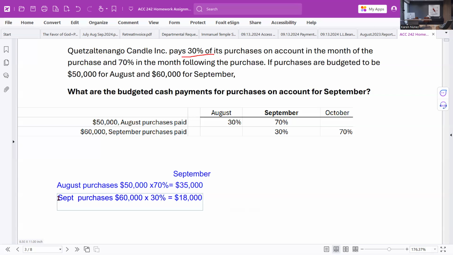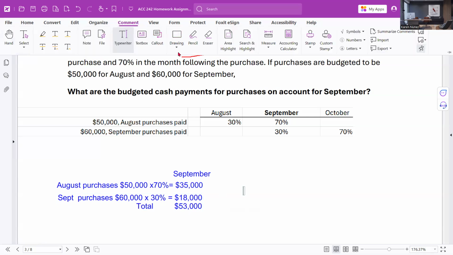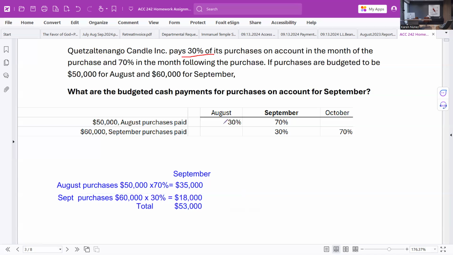Or altogether, we're paying for 53,000. 53,000 is going to be the total amount that is being paid for purchases in September.